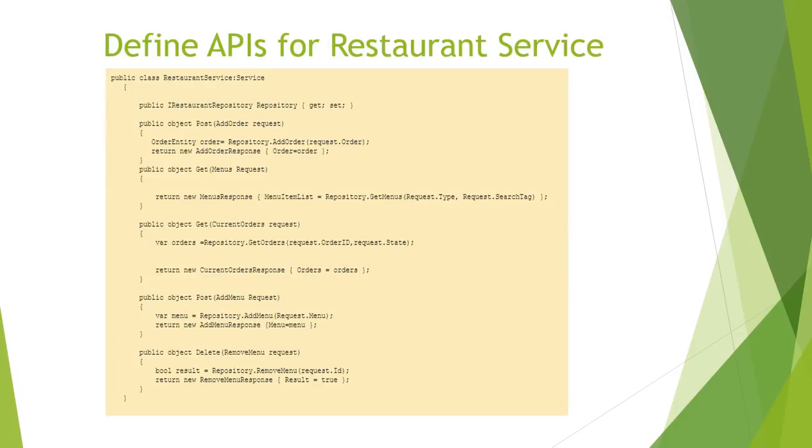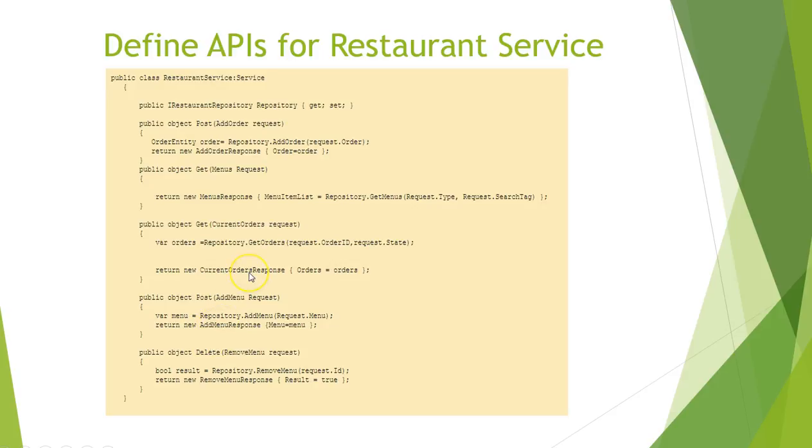let's expose the APIs for our restaurant service. Now if you look at this code snippet, we are implementing a repository design pattern to implement our data layer, and all our service APIs are exposed using common HTTP verbs such as get, post, put or delete.